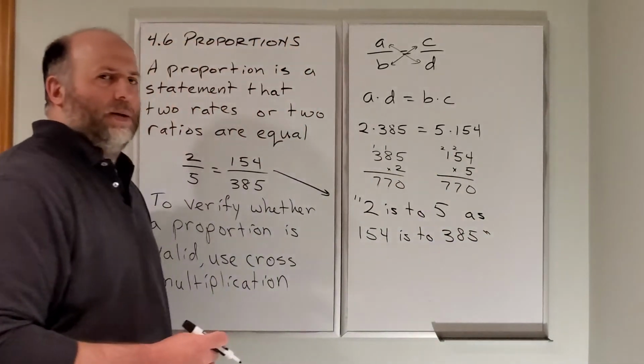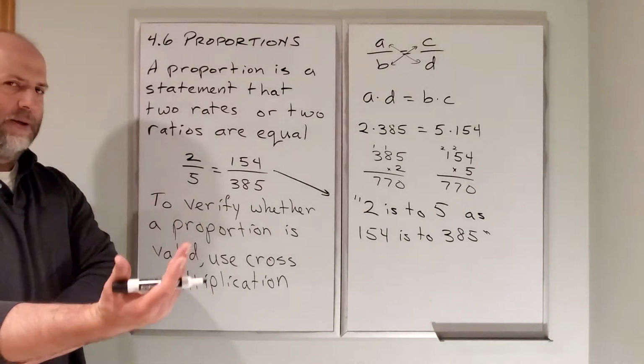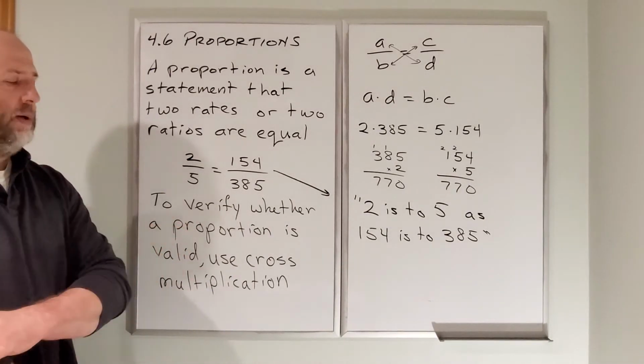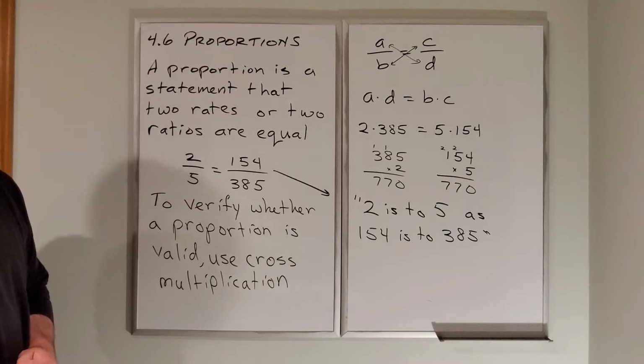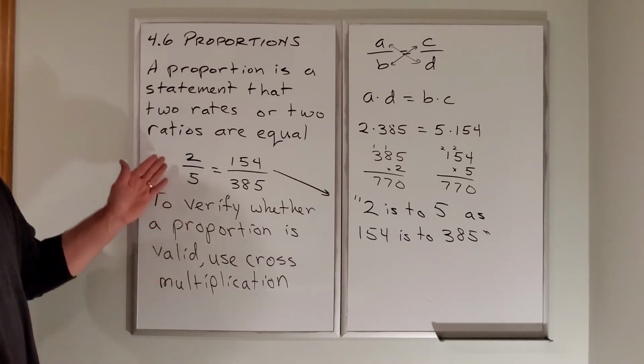Okay. This is how to verbally phrase or state a proportion. We're not going to use this a whole heck of a lot, but they do give you a few problems at the very beginning of this section, emphasizing this idea here. So I just thought I'd show it to you.